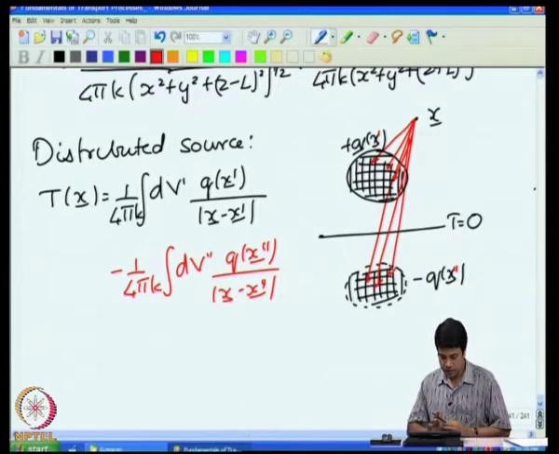So, if I do not have a source in an unbounded volume, but I had a source in a finite volume with a wall which was enforcing 0 temperature boundary conditions at the surface, I could still use the method of images.